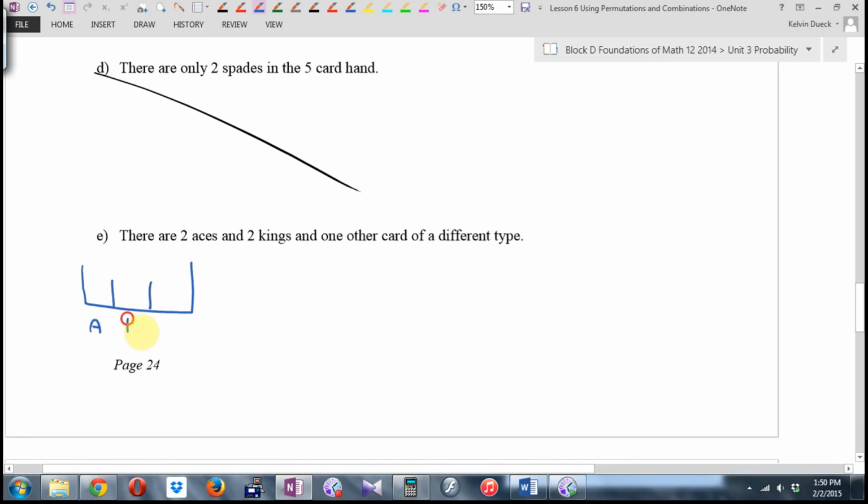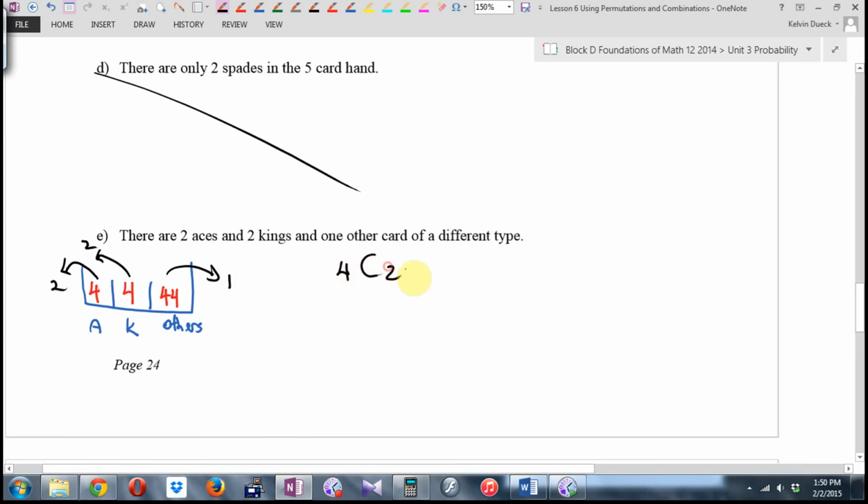Aces, kings, others. 4 aces, 4 kings. How many others? And again, hopefully you're using the complement. I mean, you can count, but 44. 2, 2, 1.